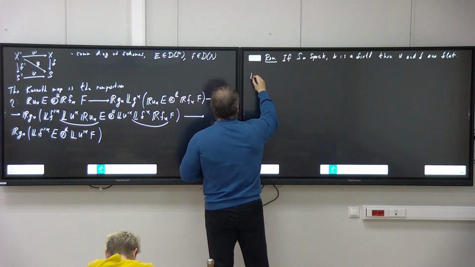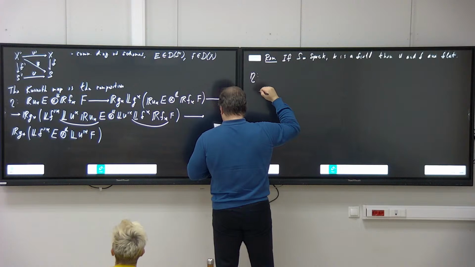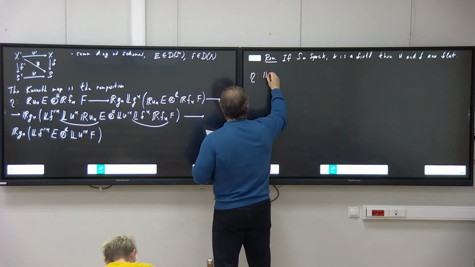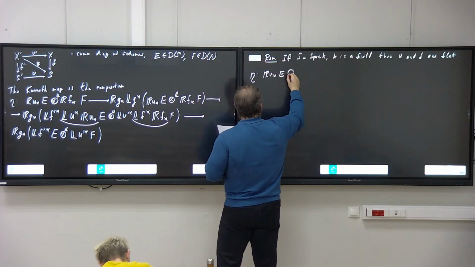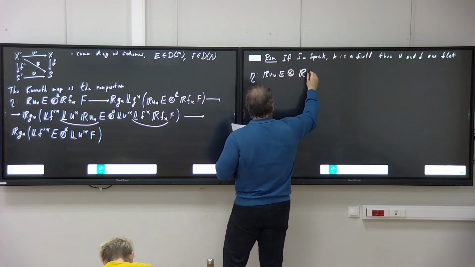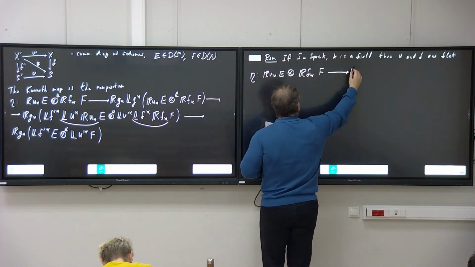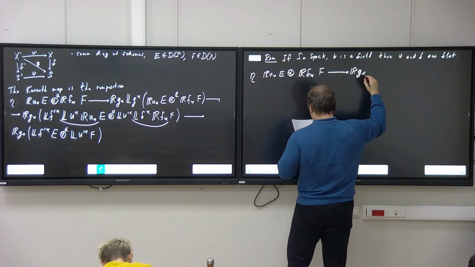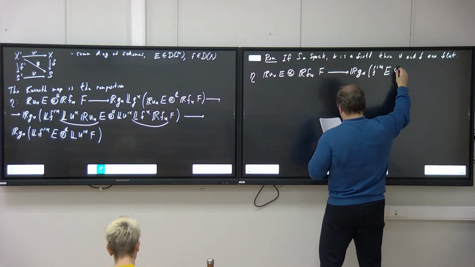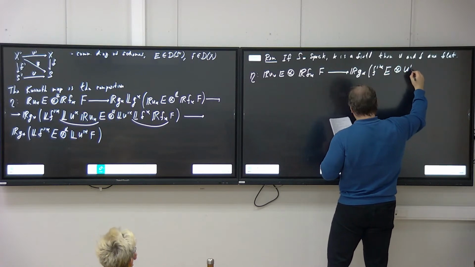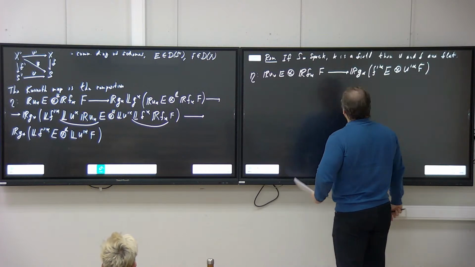So then the map that we get in this way will be R U lower star E. So then the product F lower star F, R G lower star F prime upper star E, then the product with the U prime upper star F. Okay.